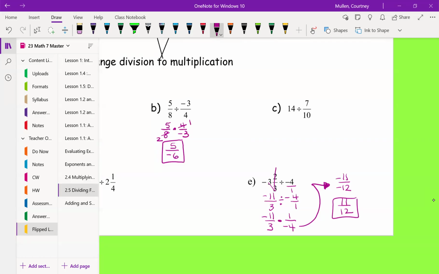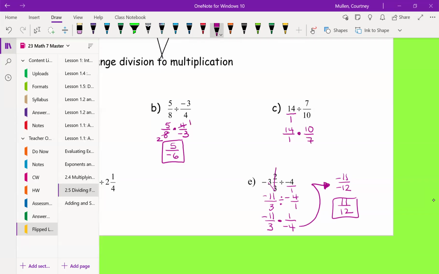Let's go back to C. First, we need to make 14 into a fraction. Once we've done that, what do you think we need to do? Right, we're going to keep the 14 over 1. Division is going to change to multiplication, and we're going to do the reciprocal of the second fraction.